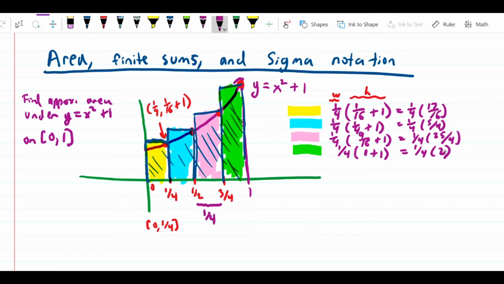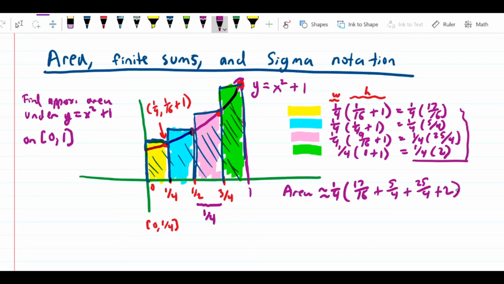So I now have a list of all the areas of each of these rectangles, and I can simply add them up. So the area under the curve is approximately, not exactly equal to, just the sum of all of these terms. They all begin with 1/4, so when I add up all four of these terms, I can simply pull out a factor of 1/4 and add in 17/16, 5/4, 25/4, and 2.